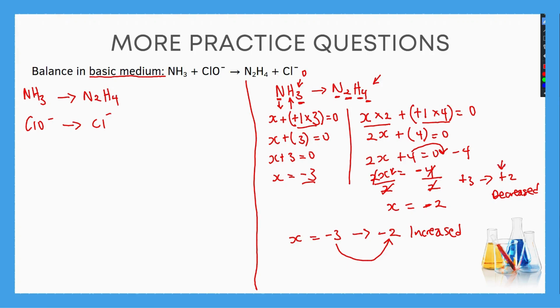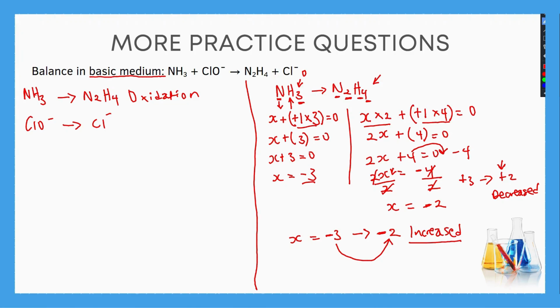But in this case, it is a minus. So that's why we say it has increased. And when it has increased, we say this is the oxidation half, because when oxidation number increases, we say oxidation has taken place.